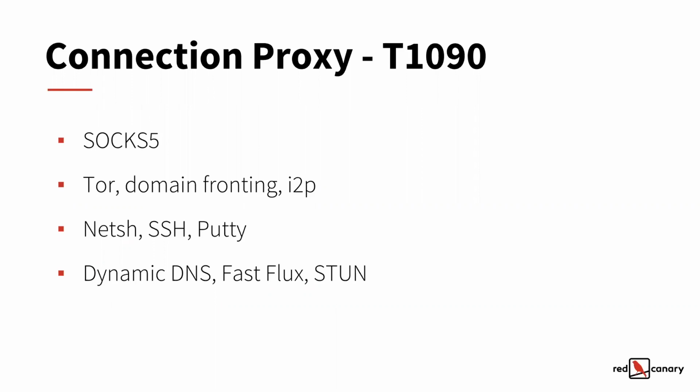But the idea is, if you're observing the traffic on the wire, it looks like they're going to a legitimate service. Whether or not it's technically a proxy, I think that was really the spirit of the debate. It made sense to put it here. It's definitely a redirection or misdirection technique, just like some of these other ones. That's how I came to grips with it, if that makes sense.